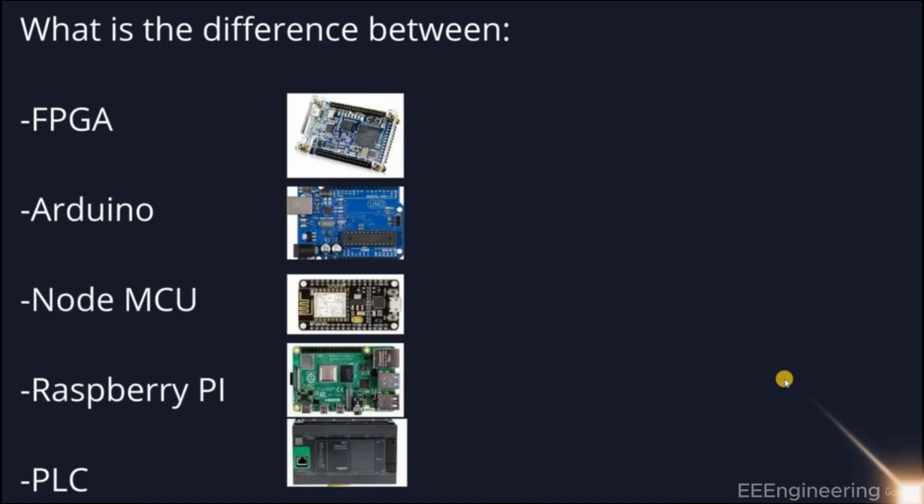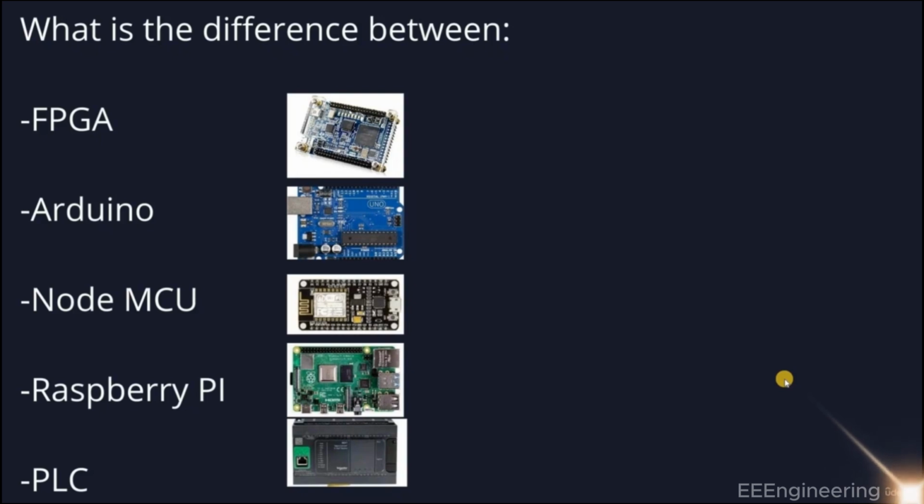So the most common top 5 embedded systems we can see in the market are FPGAs, Arduinos, NodeMCUs, Raspberry Pis, and PLCs. Of course, there are other types of industrial microcontrollers, but those are the best way to start with this domain.